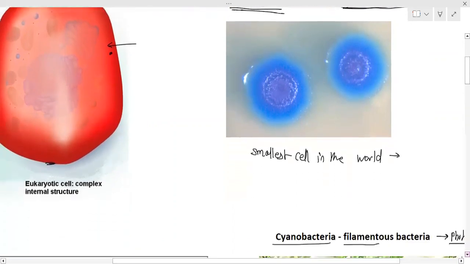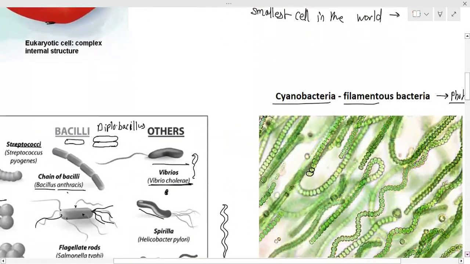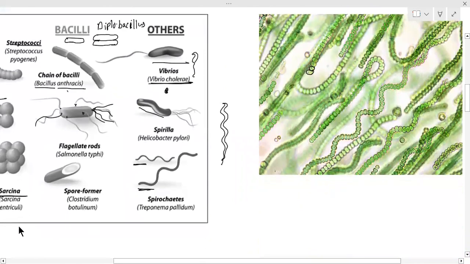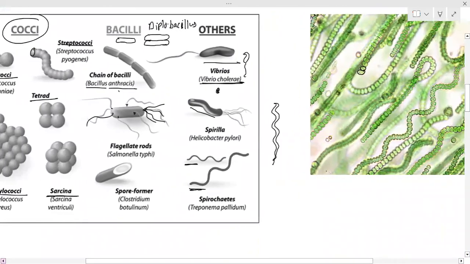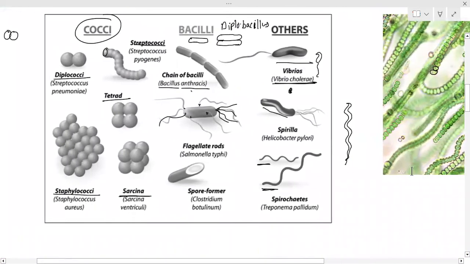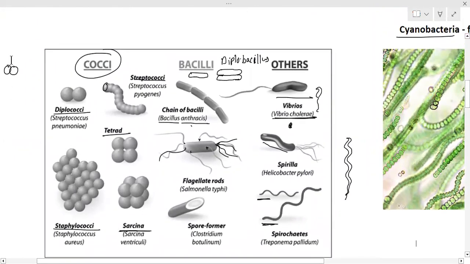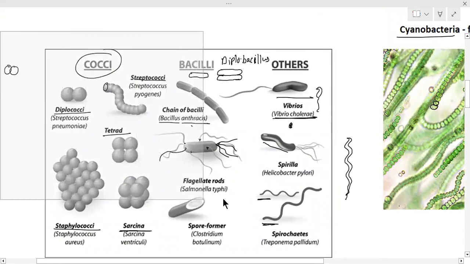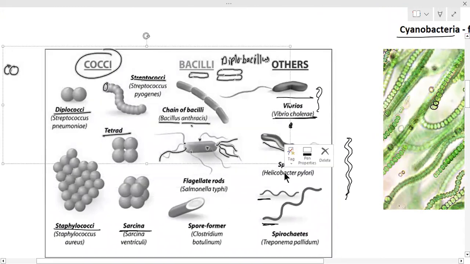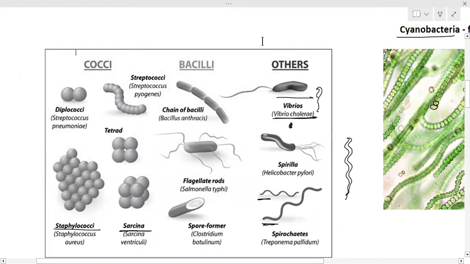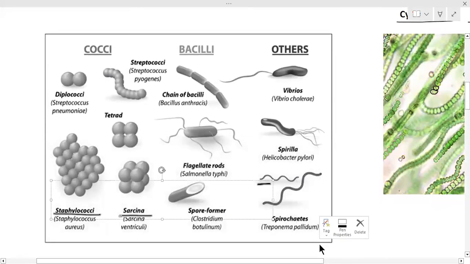So this is a little general information about prokaryotic cell. Now, the prokaryotic cell, that is bacteria, comes in different shapes, and different shapes have different names which you need to know. You need to know the different shapes of bacteria in the prokaryotic cell and their names.